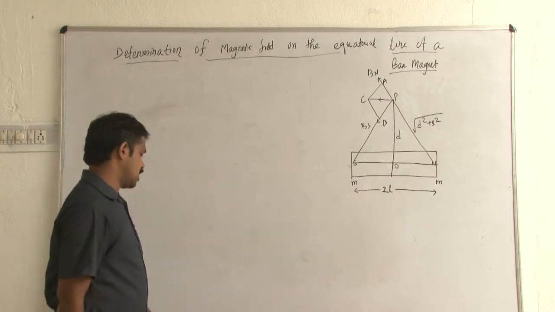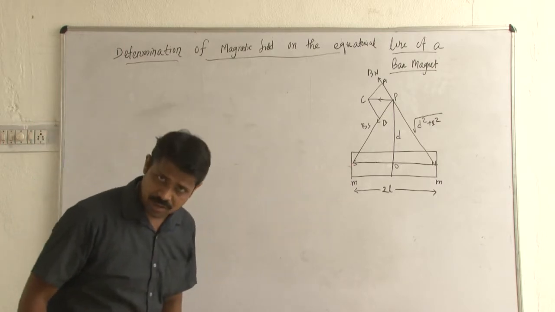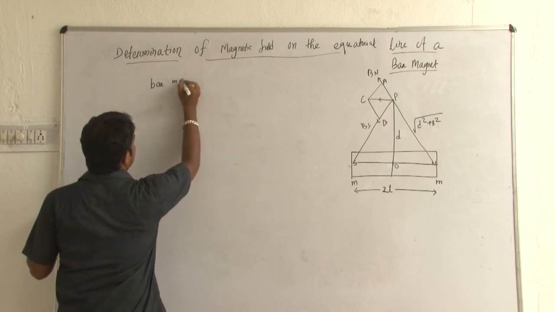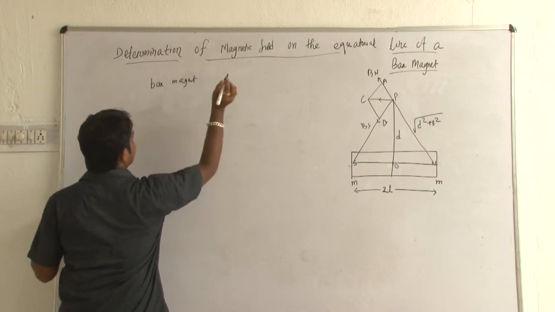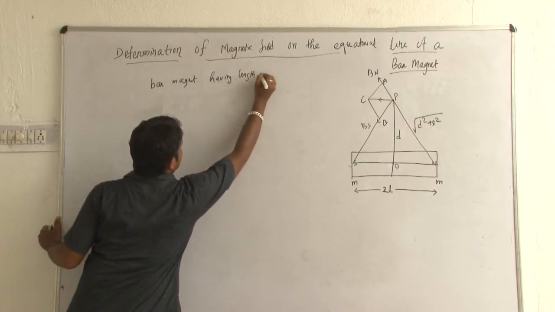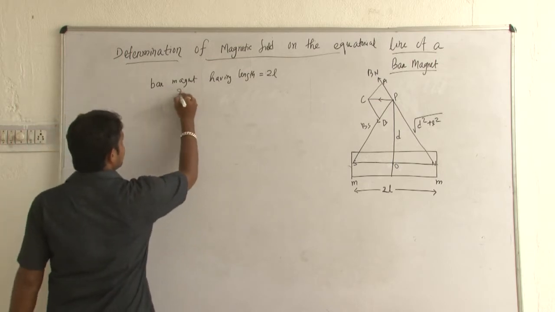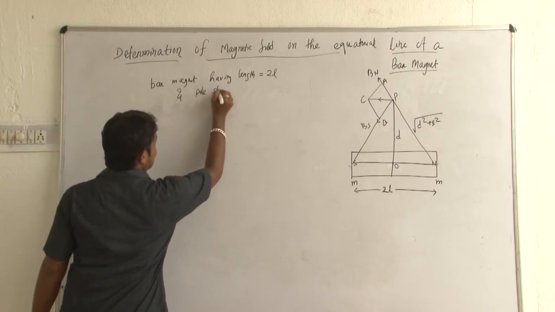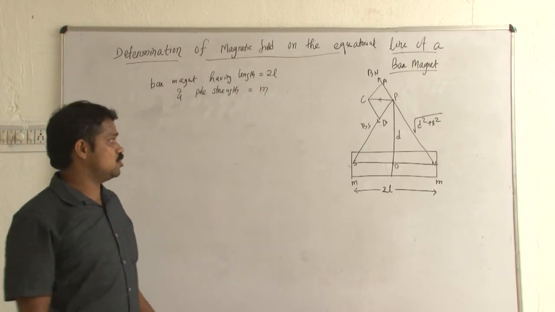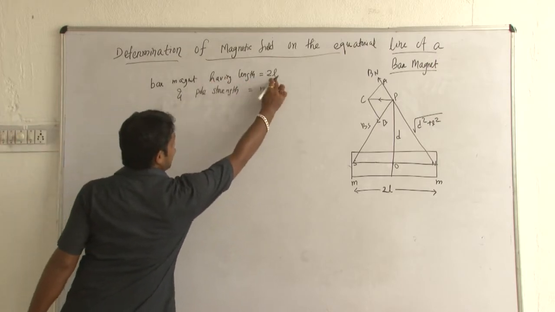So now, first of all, let us consider a bar magnet having length 2l, and the pole strength is m. So we have taken a bar magnet having length 2l.